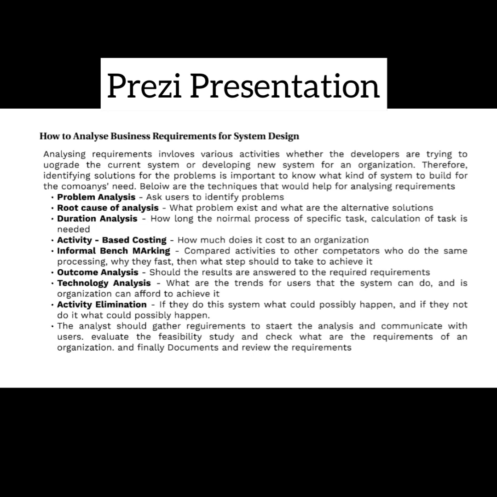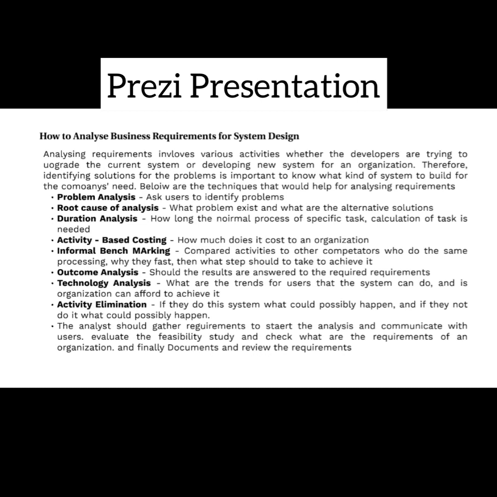What are the issues? For example, if a process of doing something takes more time than it should, there must be a problem. That's why they conduct the problem analysis. So they look at the duration analysis. Next one, we have activity based costing. How much does it cost an organization?